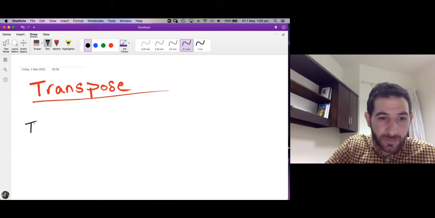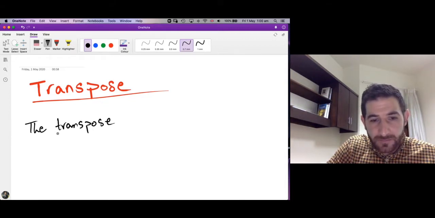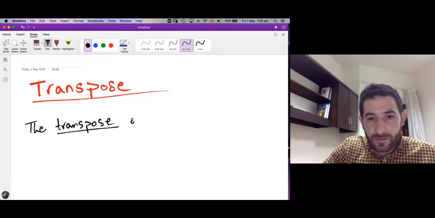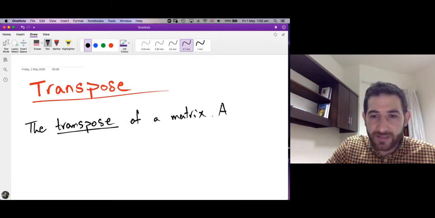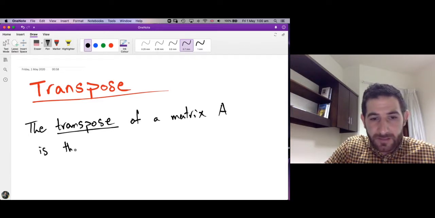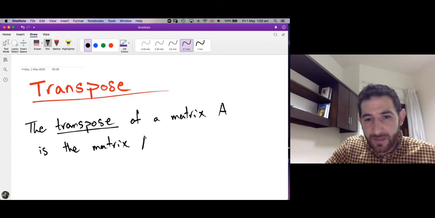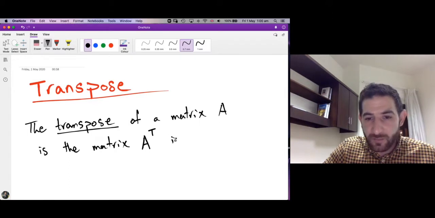What is it? The transpose of a matrix, capital A, let's call it. Suppose we have a matrix A and we take it as an input. The transpose of A is the matrix we denote by capital A with superscript T, so A transpose. What is this matrix?